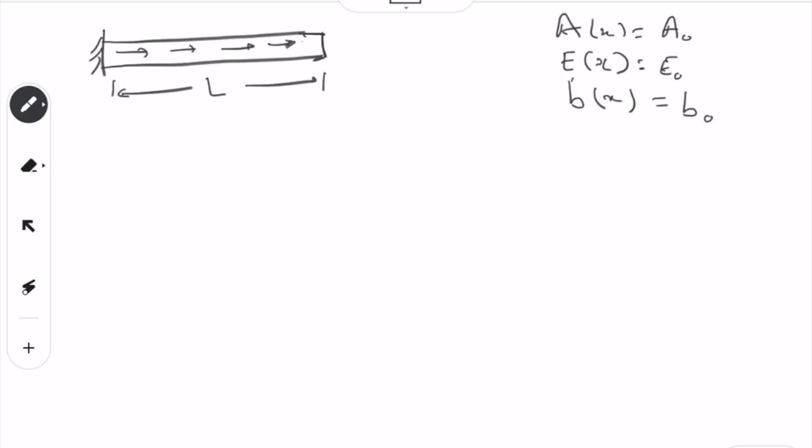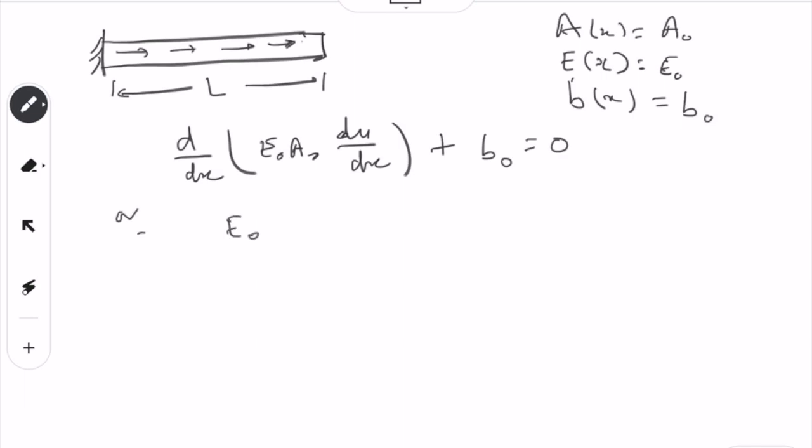If that is the case, our equation becomes simply d over dx of E naught A naught du over dx, plus B naught equal to 0, or it will be E naught A naught d square u over dx square plus B naught equal to 0. So, this is what the equation is.